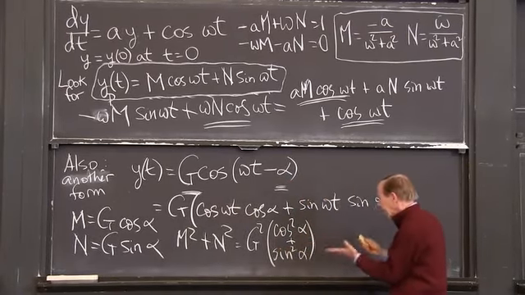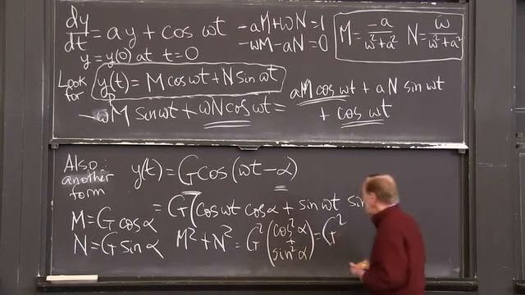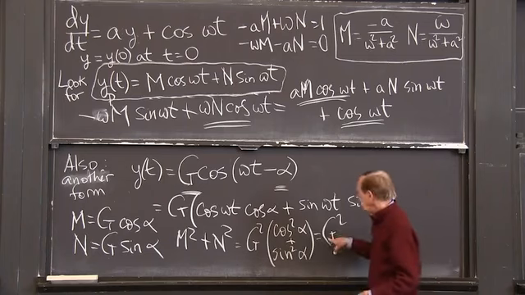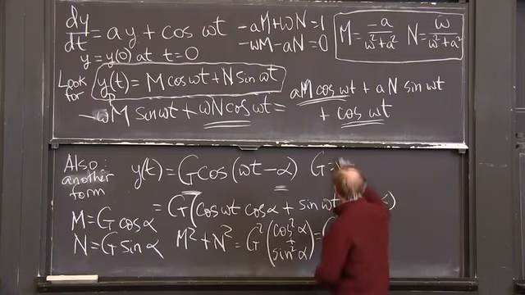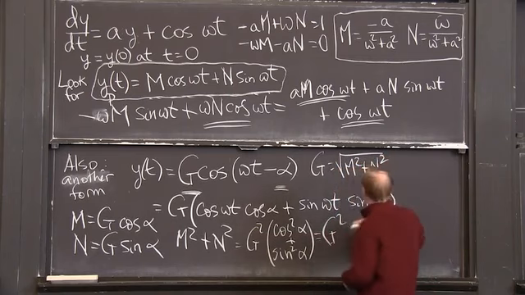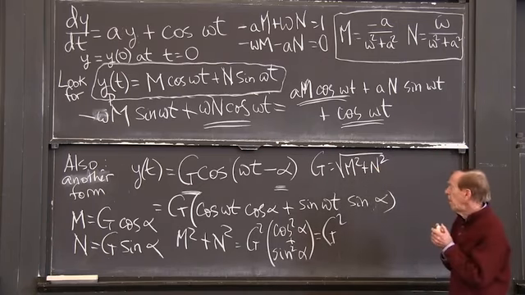And again, the point is that cosine squared plus sine squared is 1. So that's just g squared. So what have I learned? G is the square root of this. G is the square root of m squared plus n squared. And I'm always free to plug in the m and the n that I found.